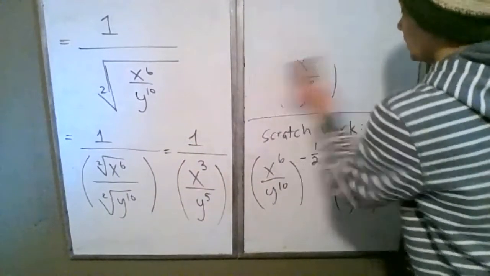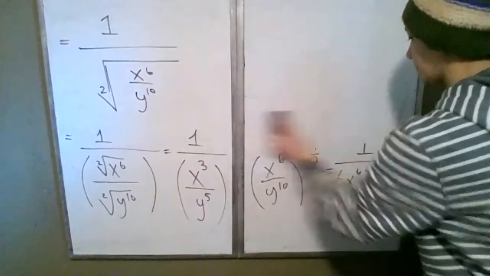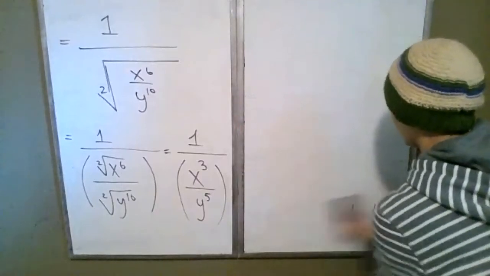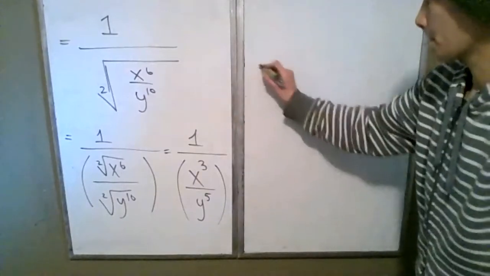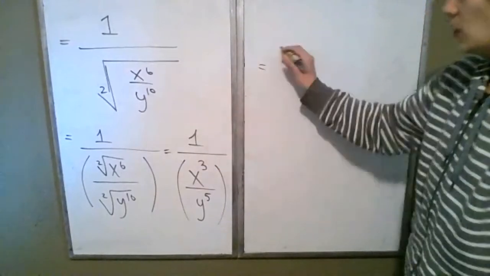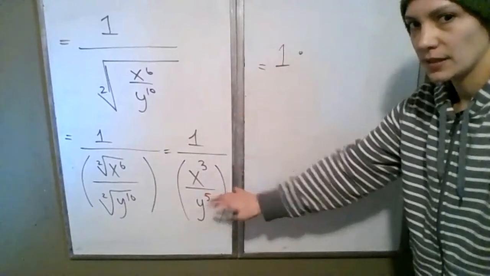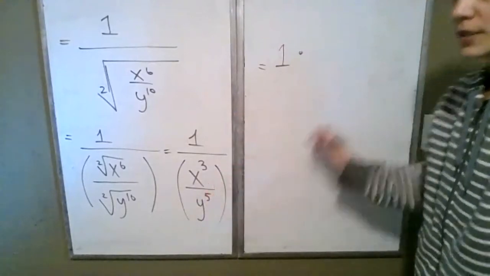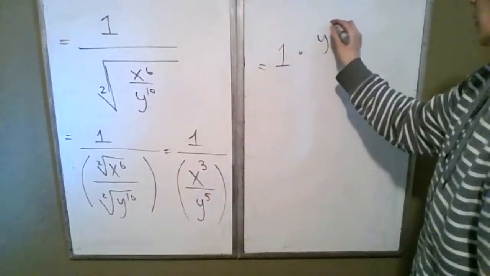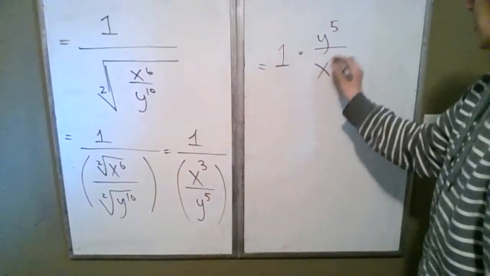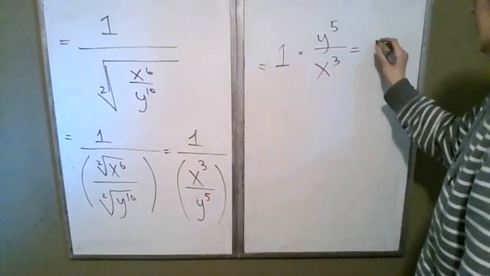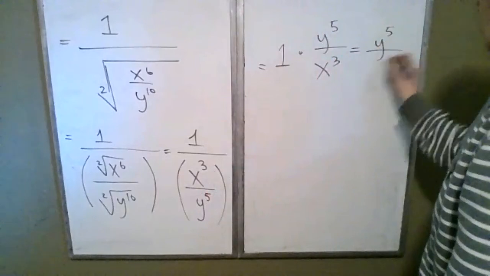Okay, we're almost done. We've gotten to this number in the numerator, 1, times the reciprocal of what's in the denominator. So y to the 5th over x cubed, which would be y to the 5th divided by x cubed.